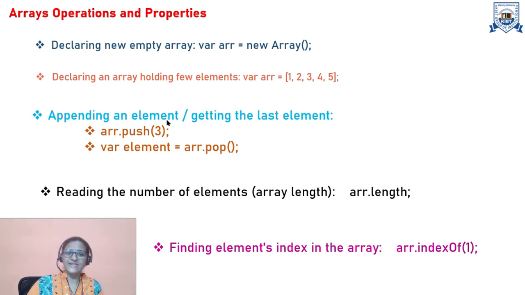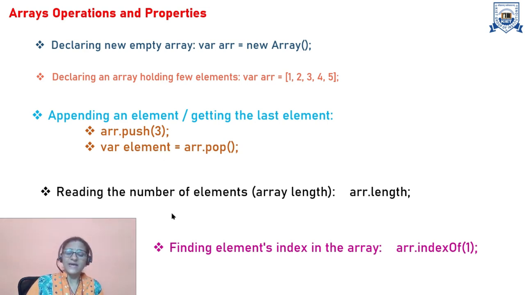Next one is appending an element. Appending can be done with the help of push. So we have given arr.push and the element. Getting the last element: the last element can be retrieved with the help of pop. So from this arr object, we are popping the last element and storing it in the variable element.